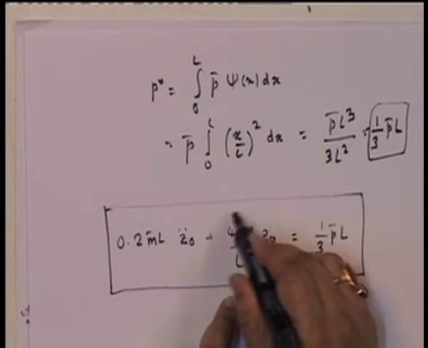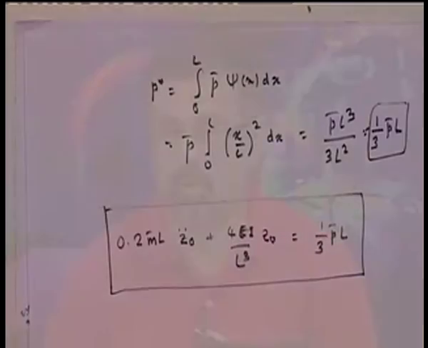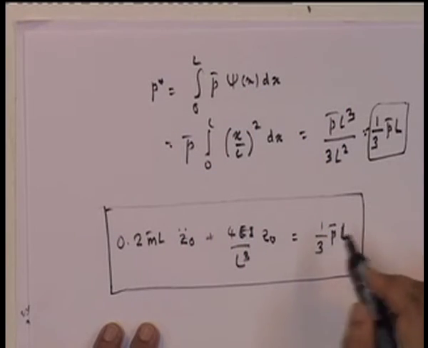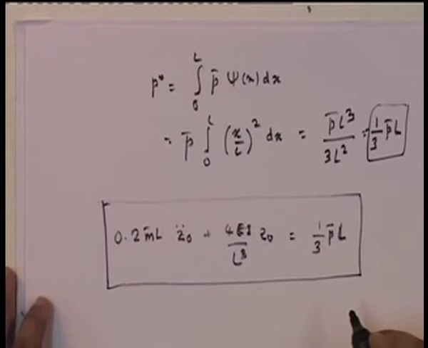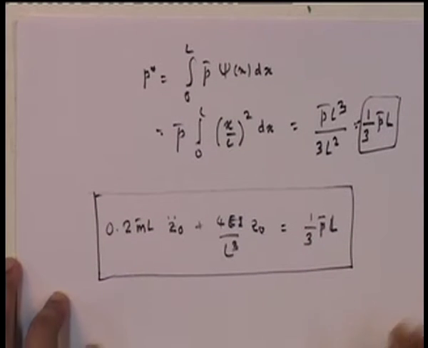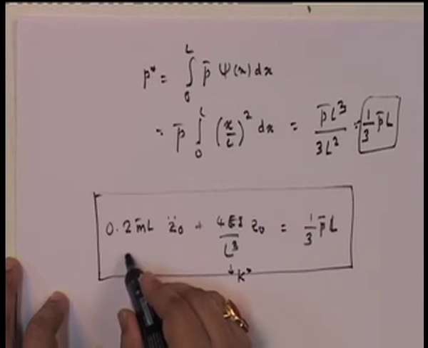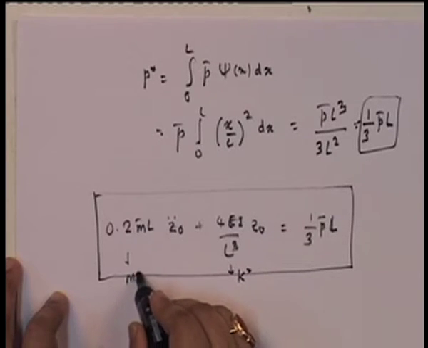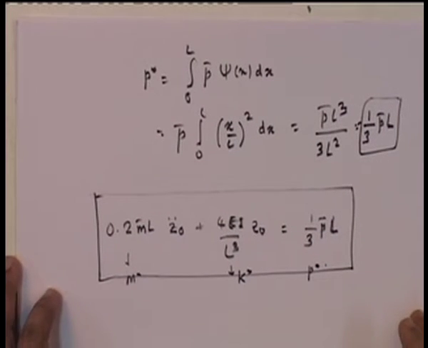So, this is units of a linear spring constant, Newton per meter, and P bar L is load. P bar is load per unit length into L is load. So, you see this entire thing, this is my k star, this is my m star, and this is my p star.